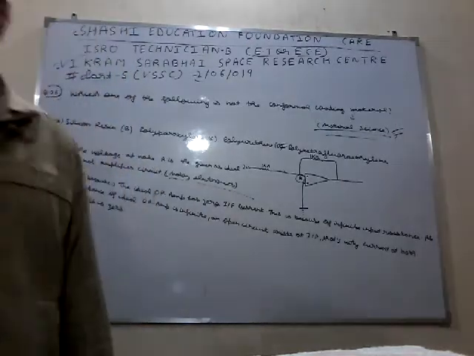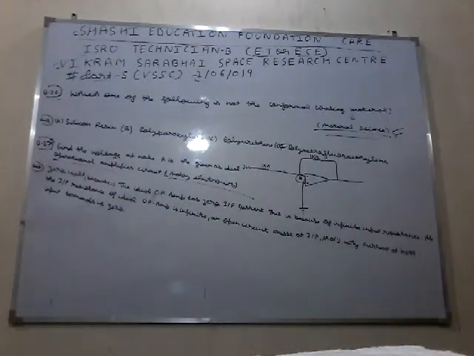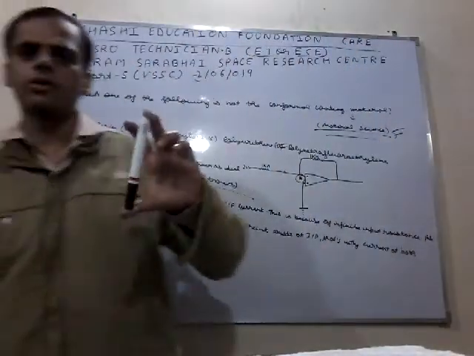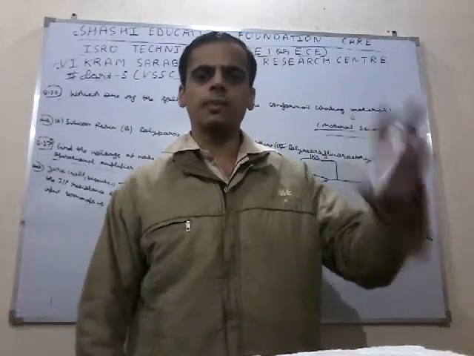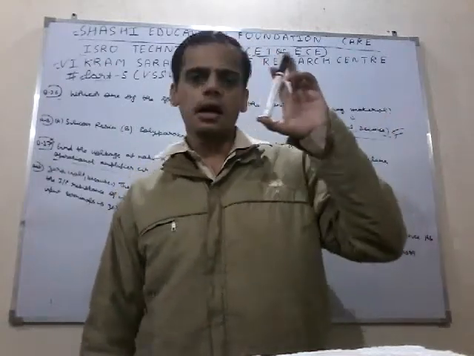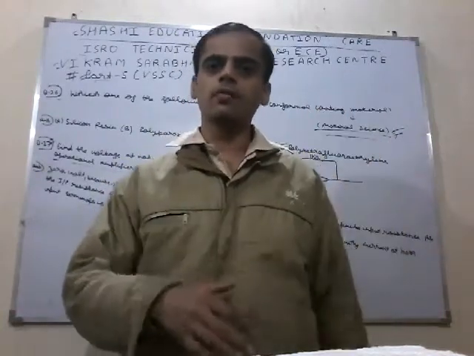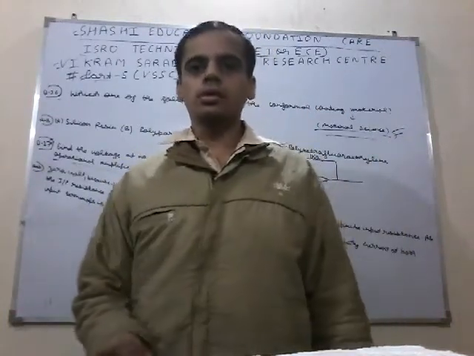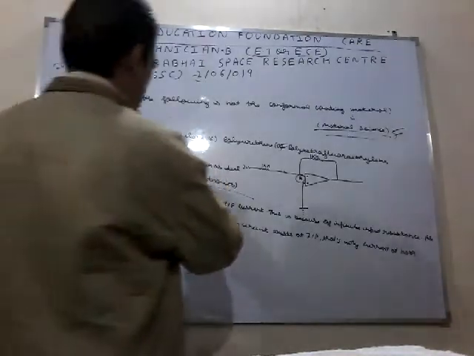For example, if this is a diode, and inside this I can't give any supply, so this is the ideal diode. Now you understand what the meaning of ideal is? Ideal.